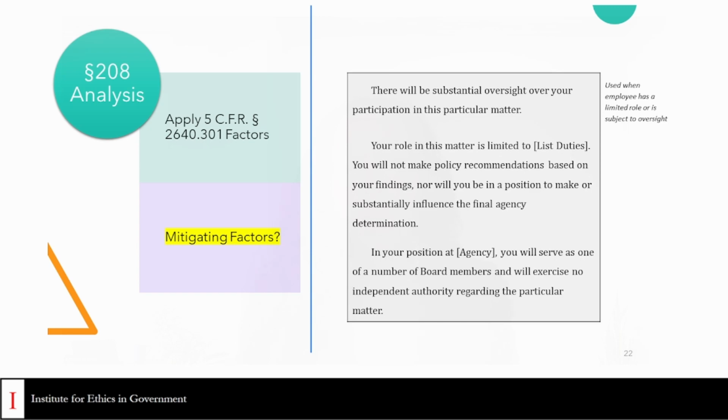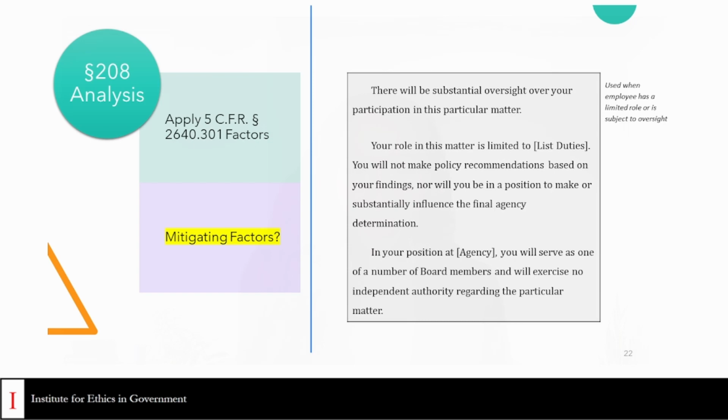So, on this slide, we are only providing you with examples of mitigating factors related to the employee's role in the particular matter. These are not the only types of mitigating factors that are available. In fact, there are many different types of mitigating factors that you may want to consider as a justification for your waiver. But here, they are related to the employee's role.